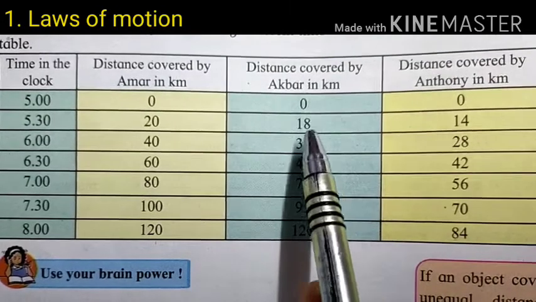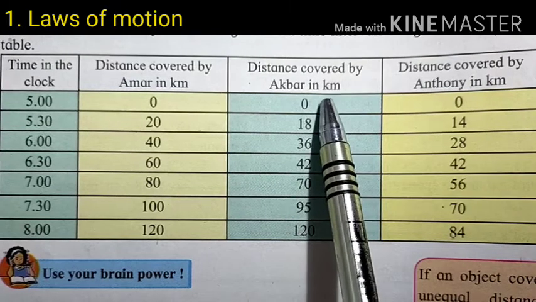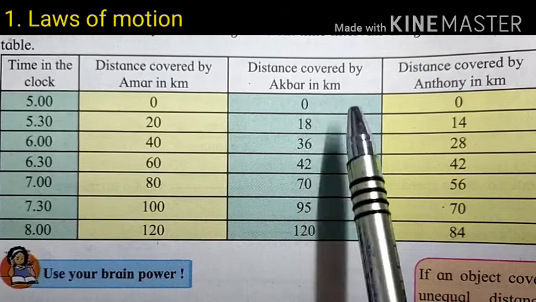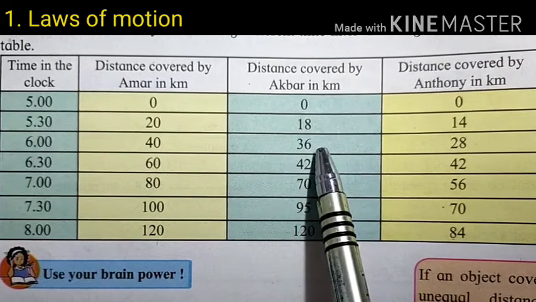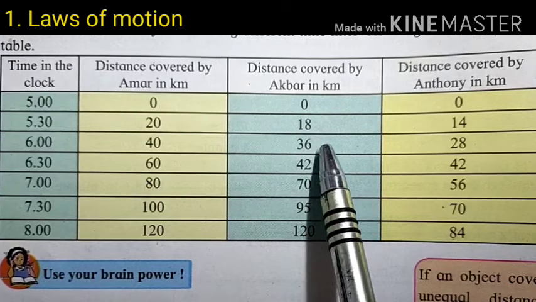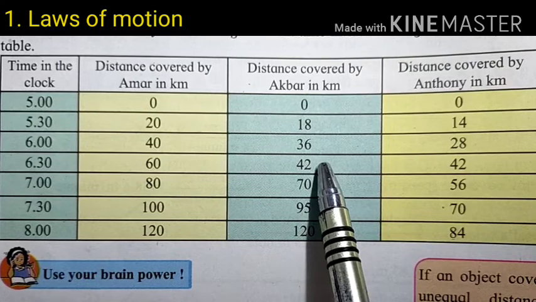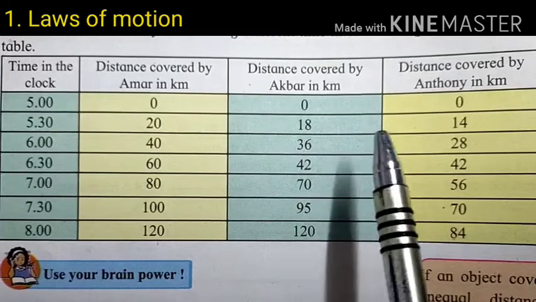But you see in the case of Akbar, he started the vehicle, so initially 0 distance traveled by him. After half an hour, 18 kilometer, after another half an hour another 18, that is the total was 36. Next, only 6 kilometer traveled by him within that half an hour, but the total was 42.